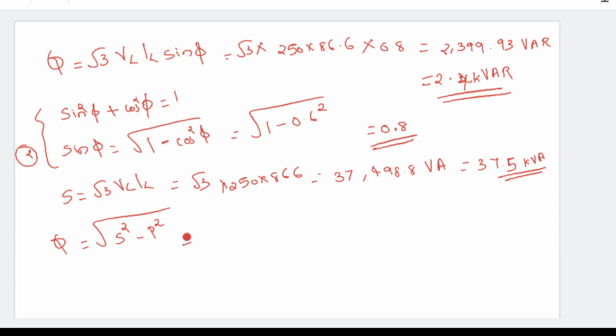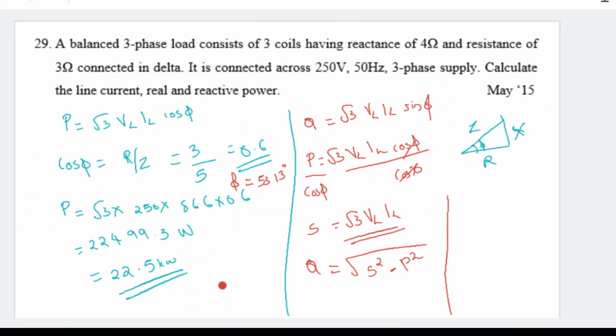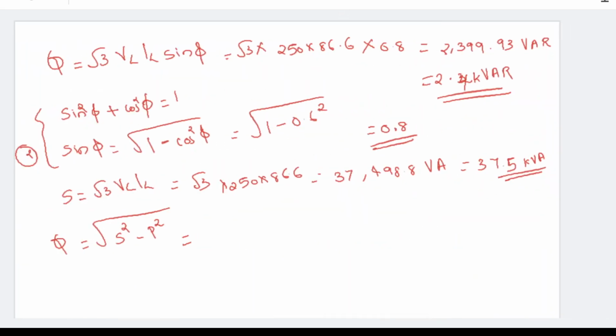Now in order to find out Q, you can take the square root of S square minus P square. That will be equal to the square root of the answer square minus, what was our value for P? P was 22,499.3 square. So the value will be the same.